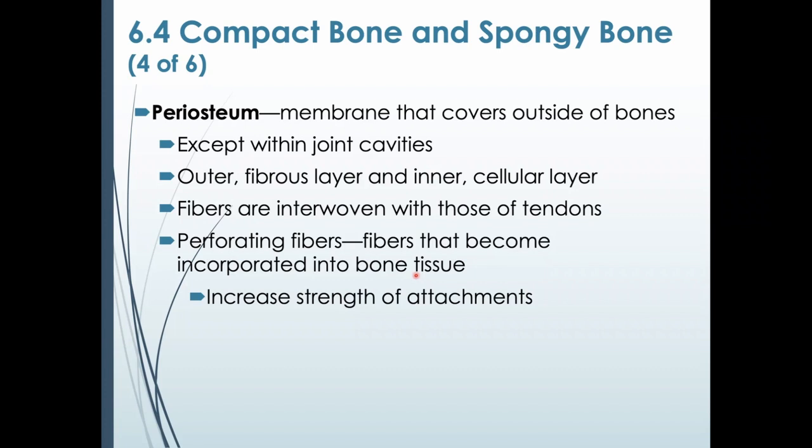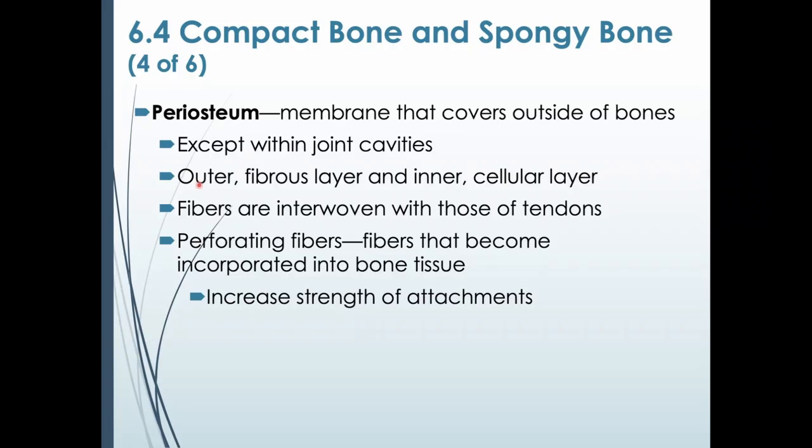Because you end up having your articular cartilage, for not all joints, but yeah, some joints, most joints. All right, so the periosteum is made of an outer fibrous layer and an inner cellular layer.